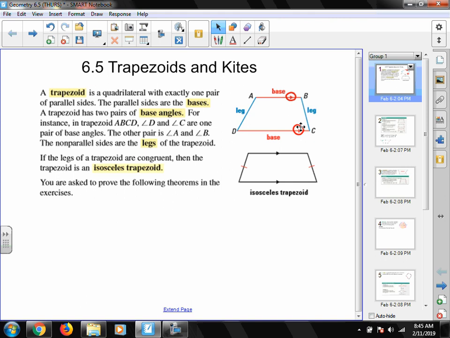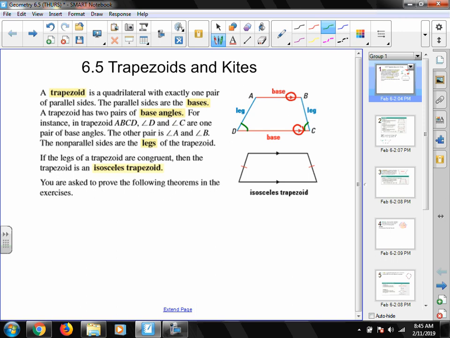Just like in a triangle, we had base angles. We have these in trapezoids as well, and they're the angles that touch a base. So, for instance, angle D and angle C are going to be base angles.